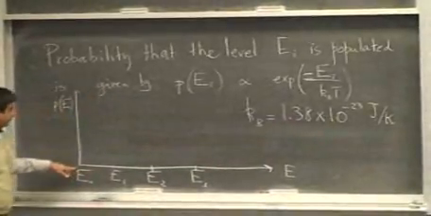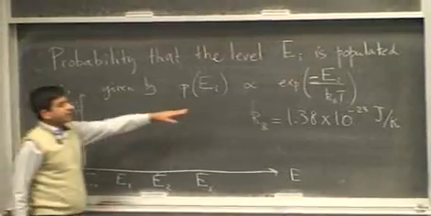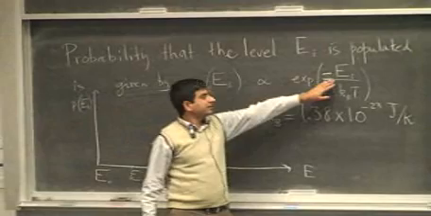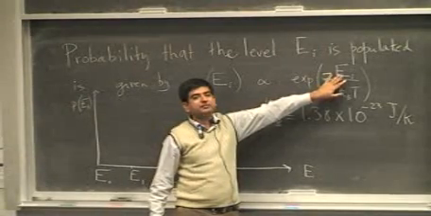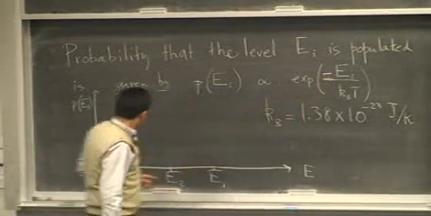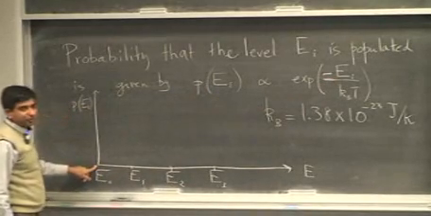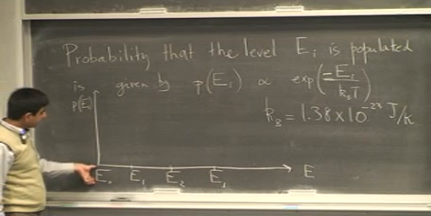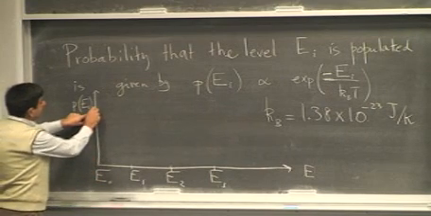All right, so this is an exponential curve. It has its maximum value when the energy is minimum. When the energy is minimum, this is not by the way zero, it's the ground state energy E naught. So when this is E naught the probability is maximum.